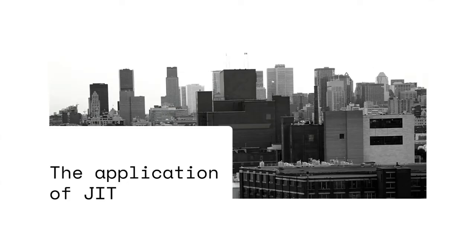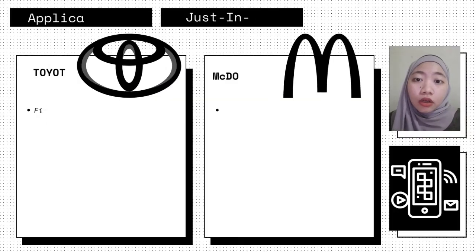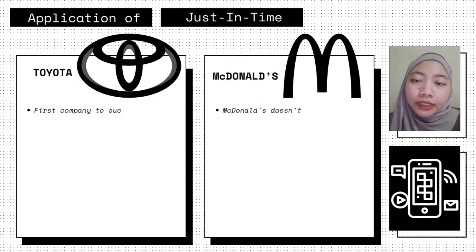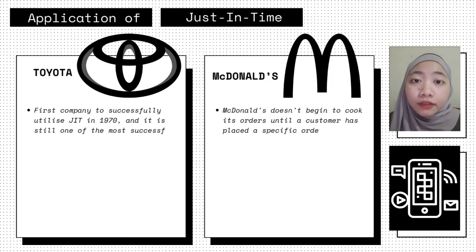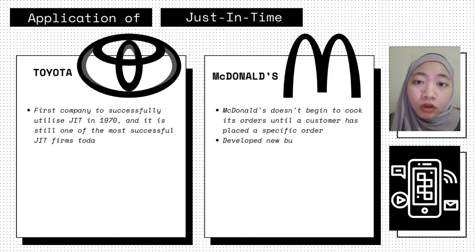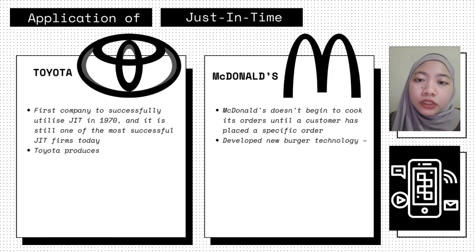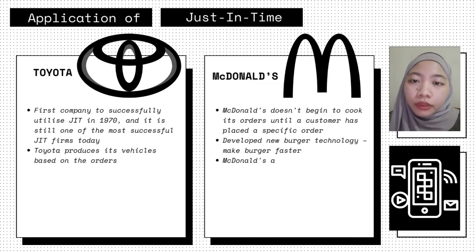The application of just-in-time. There are a lot of big corporations out there that practice the just-in-time system. One of them are Toyota, McDonald's, Dell, the computer developer, Harley Davidson, as well as Amazon.com. But for this particular presentation, we will only cover two big corporations, which are Toyota and McDonald's.